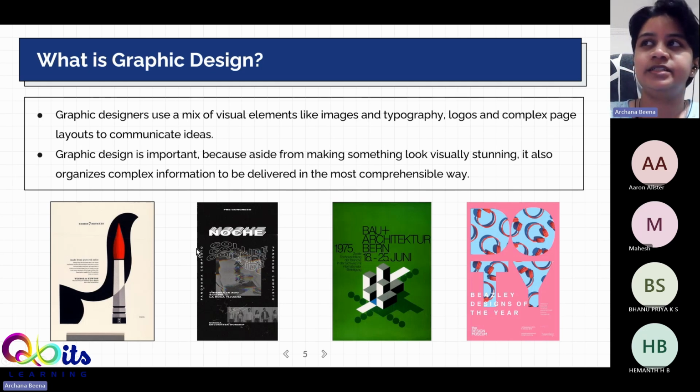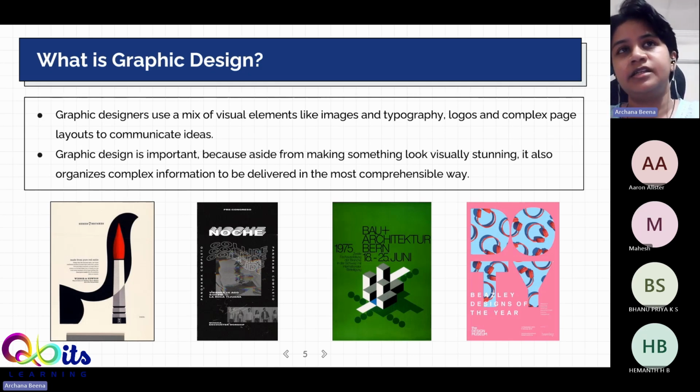So if you look at these examples, the first one is the poster for a brush. It is an advertisement for paint brushes. Here they've cleverly used imagery. They've also used colors, typography, and layout. And you can see that the black portion, the black outline, forms the tail of an animal to basically signify that this paintbrush has hairs from the tail of this animal.